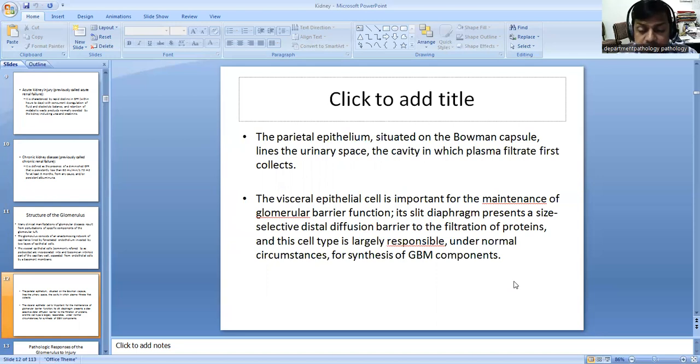Its slit diaphragm presents a size-selective distal diffusion barrier to the filtration of proteins, and this cell is largely responsible under normal circumstances for the synthesis of GBM components, that is glomerular basement membrane components.